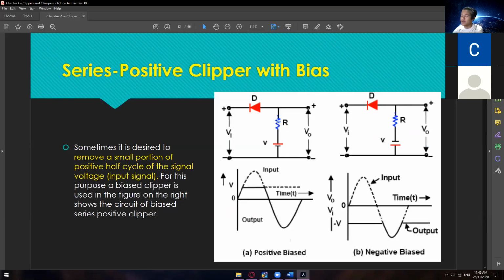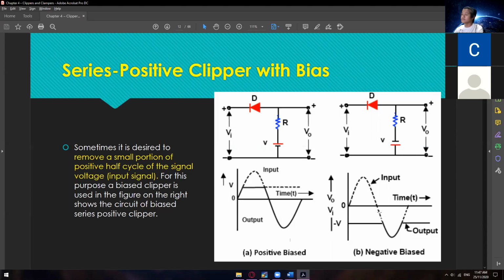Then what will be your resistor? What will be your bias voltage? As long as it will output the expected result. If it's a positive clipper with positive bias, you should get this one. And for a positive clipper with negative bias, you should have this kind of waveform, right? So that's your goal.